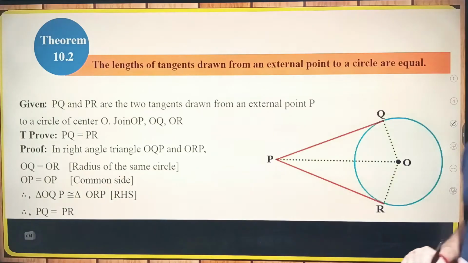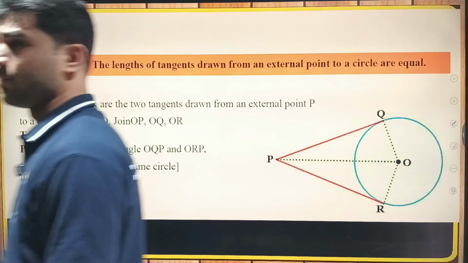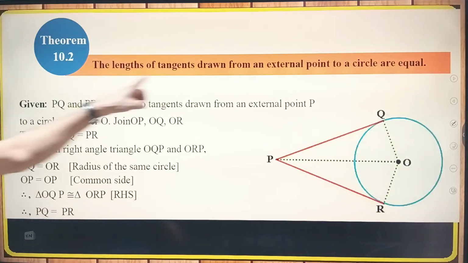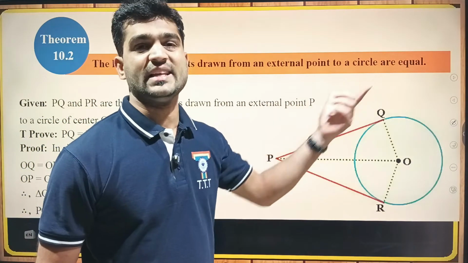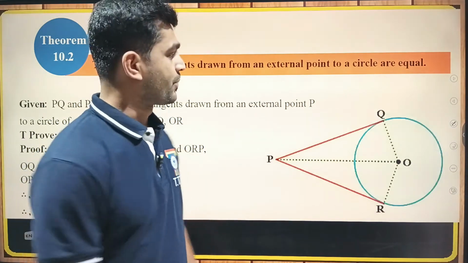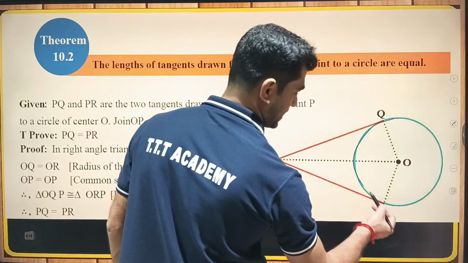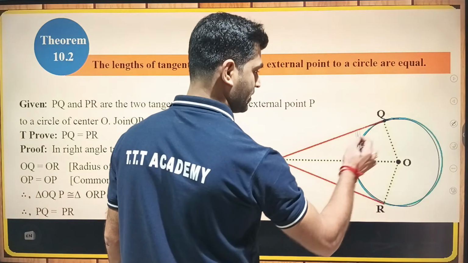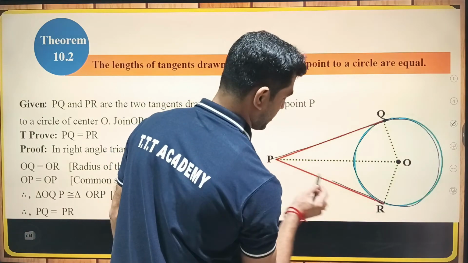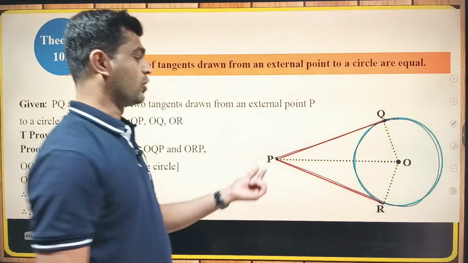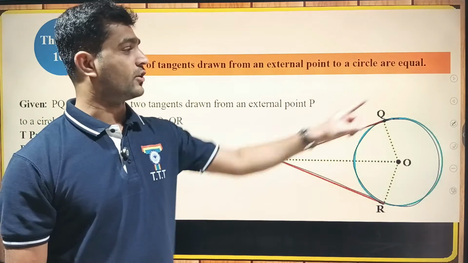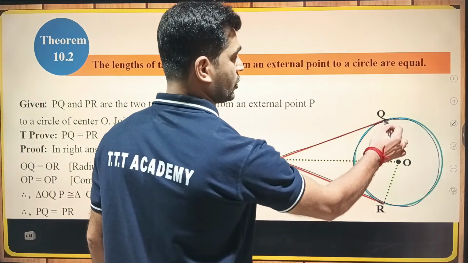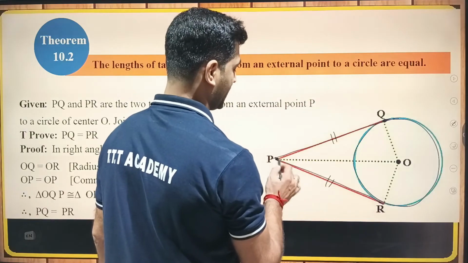And also we studied one more theorem in this chapter, that is theorem number 10.2 according to the syllabus. In this theorem, the lengths of tangents drawn from an external point to a circle are equal. Suppose, dear friends, you consider a circle. In this circle, I am going to draw a tangent, and here also I am going to draw a tangent, from a point P. If two tangents are drawn from one point to the circle, PQ should be equal to PR.